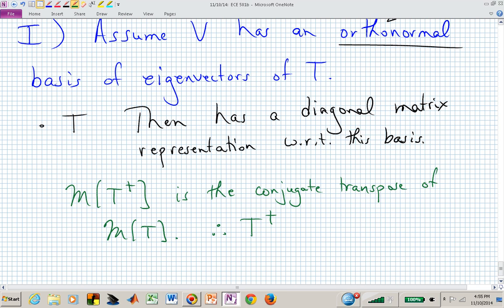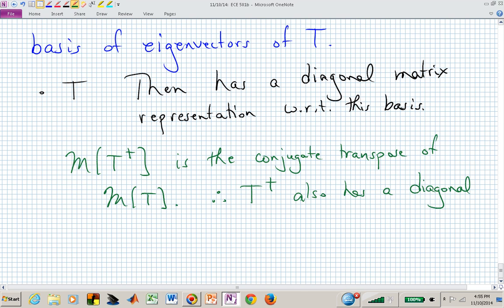If T has a diagonal matrix representation and M of T dagger is the conjugate transpose, then we know that a diagonal transposed is still diagonal. So T dagger also has a diagonal form with respect to this basis.